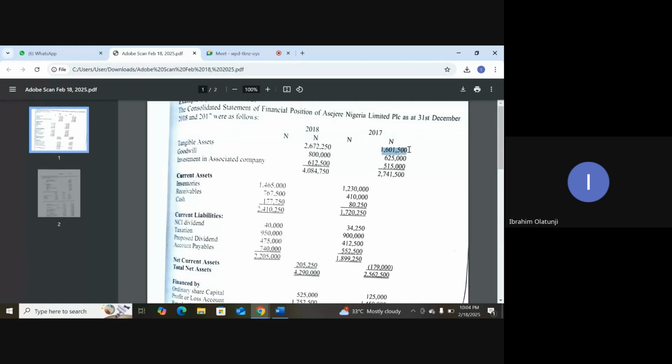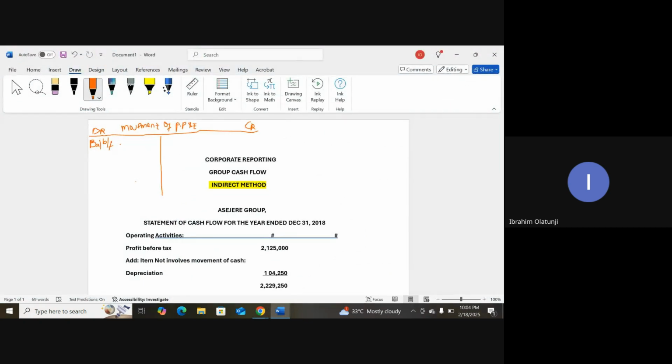In 2017 is our opening balance, 1,601,500. Then balance carried down.